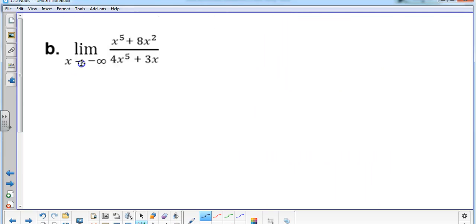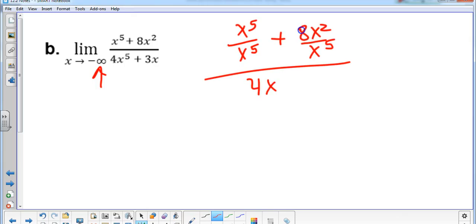Whoops, did I skip one? Okay. What can we do here? Only because it says infinity. Otherwise, we wouldn't have to do this. But we're going to do that whole dividing thing. And most of you can already tell me the answer. Give us a reason why that works. Yeah, pretty much.